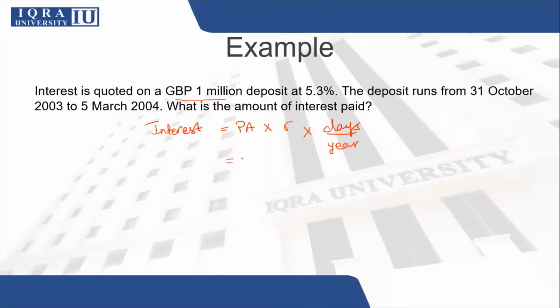So the principal amount is 1 million. The rate is 5.3%. Now days over year. So you need to calculate the actual number of days from 31st October to 5th March. October is gone. You have November, December, January, February, and March.